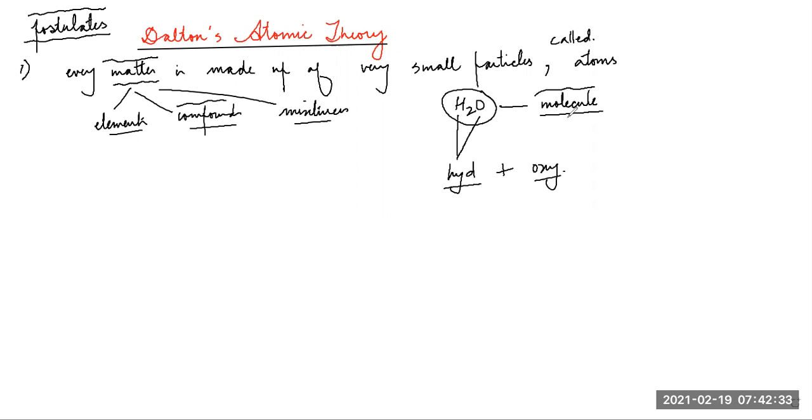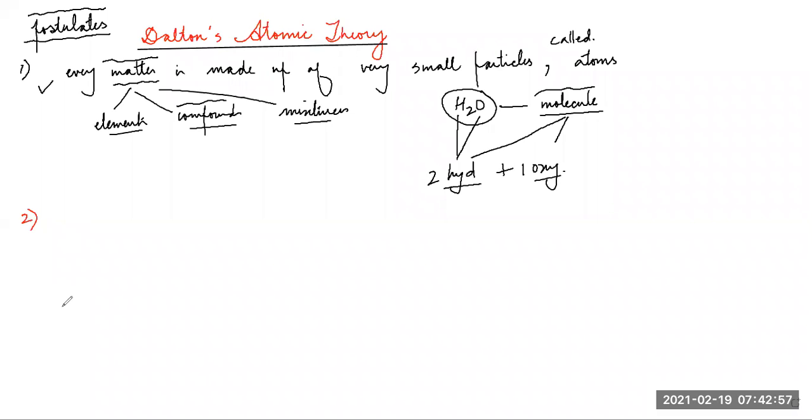And this molecule is also made up of atoms: two atoms of hydrogen and one atom of oxygen. So it is correct that every matter is made up of very small particles called atoms. Right, students?